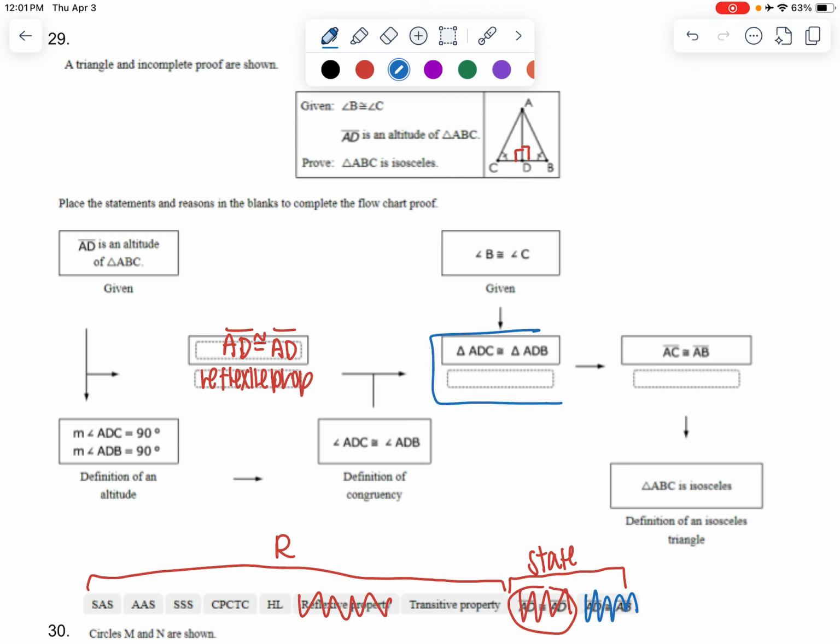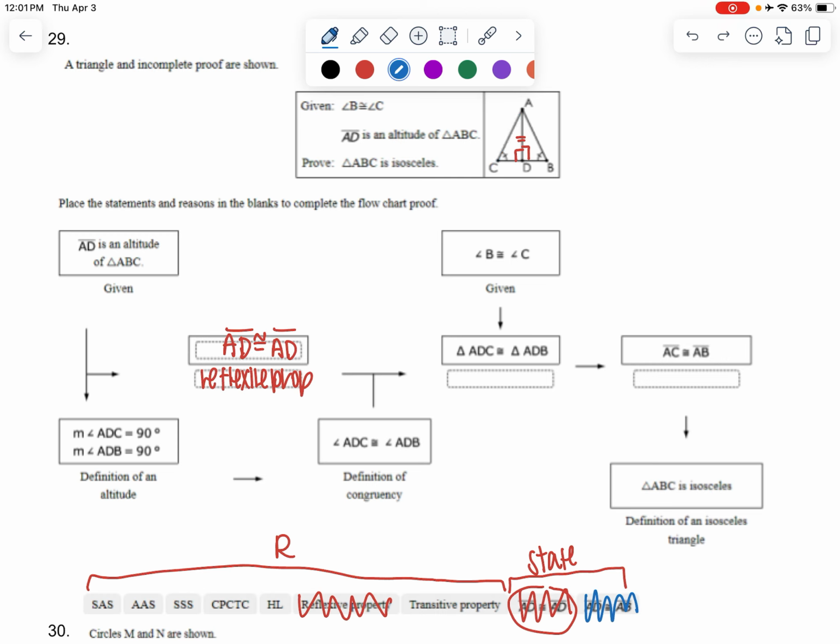Okay, looking at this, right? That's triangle congruence. These are the ones that deal with, well, actually no, these three and this one deal with triangle congruence. Let me go ahead and mark that. Okay, so based on what I have, which one is going to be the best? I do have a right triangle, which is what HL is used for, but with HL you have to be given a hypotenuse.